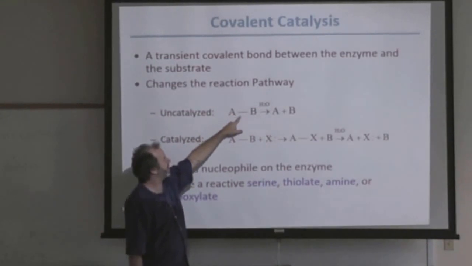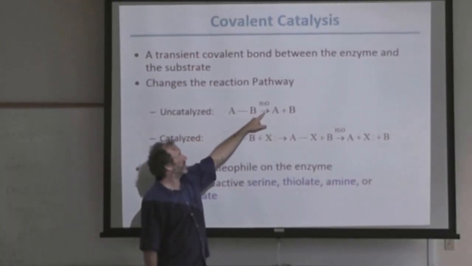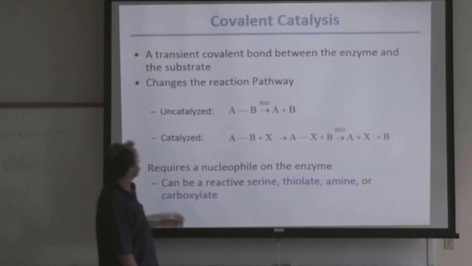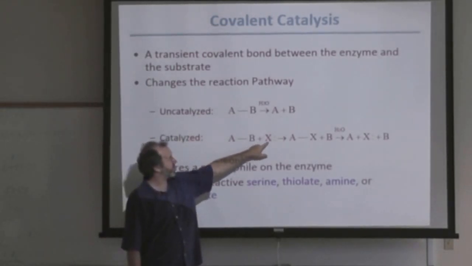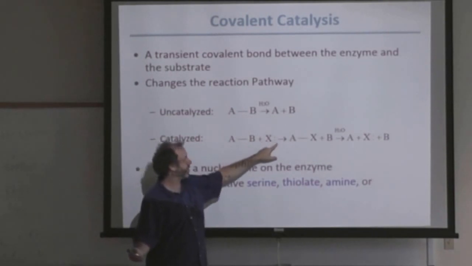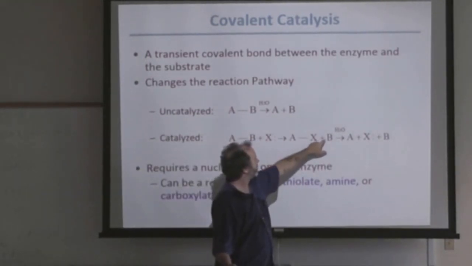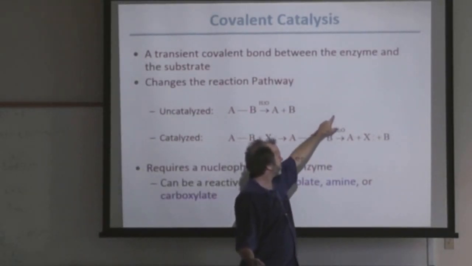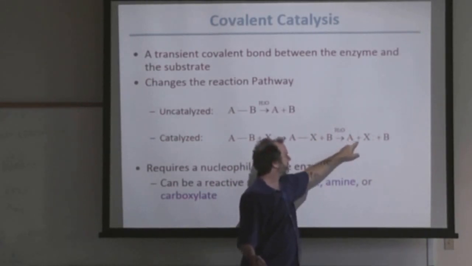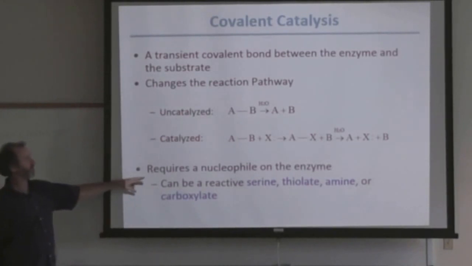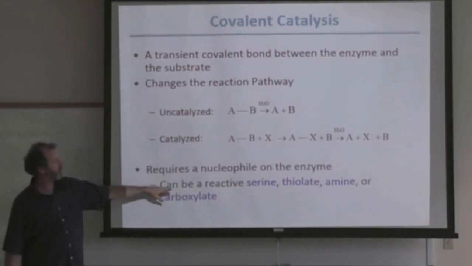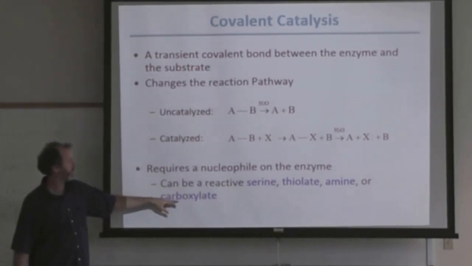In this example, we have A bound to B, which gets hydrolyzed, and you have A plus B. Catalyzed, AB reacts with some X on an enzyme. You have an AX intermediate, B goes away, then water comes in and replaces A from the reacting part of the enzyme. So it requires a nucleophile on the enzyme, which can be a reactive serine, thiolate, amine, or carboxylate.